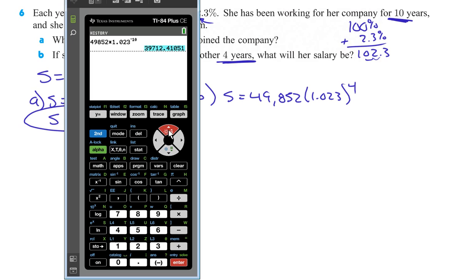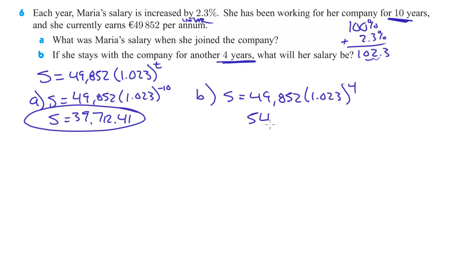So I'm going to go back up to this, push enter, and I'm just going to edit my power to be 4 instead. So I'm going to delete those and put 4 in there and push enter, and we get 54,599.05. 54,599.05 will be her salary in 4 years.